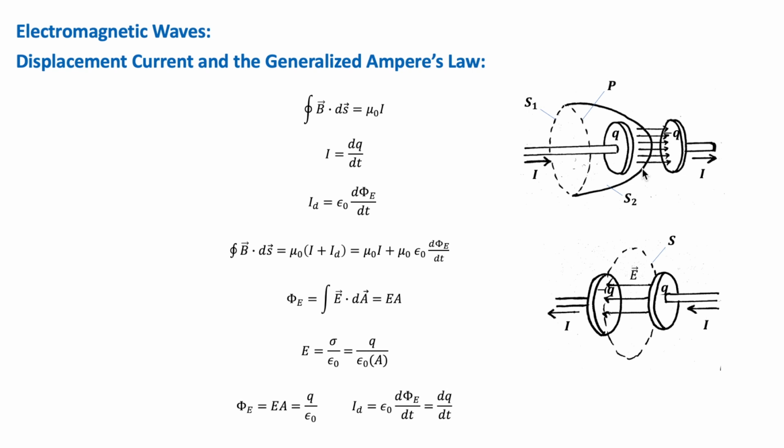So there is a contradiction, and Maxwell solved this problem by adding a term known as the displacement current ID, and it is equal to epsilon naught d phi e over dt. So phi e here is the electric field flux, which is the integration of E dot dA.